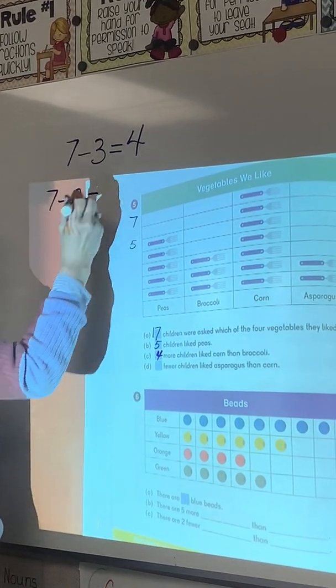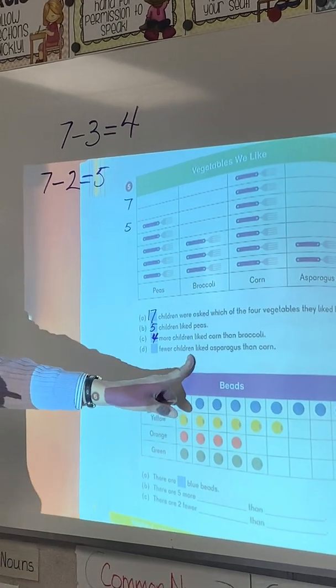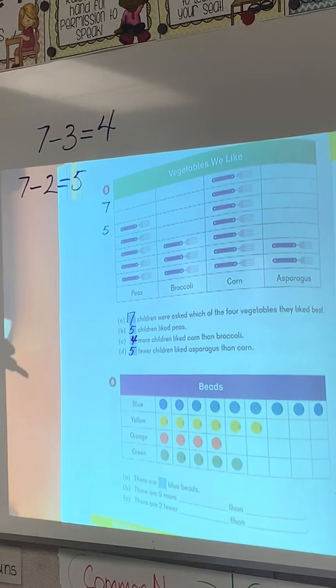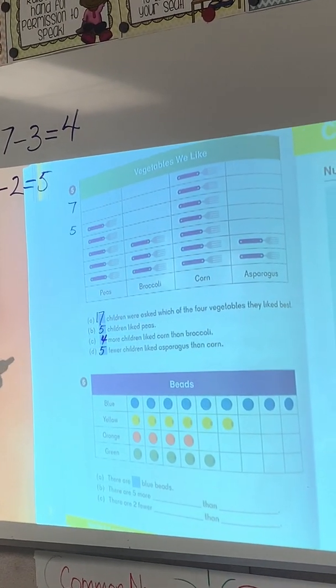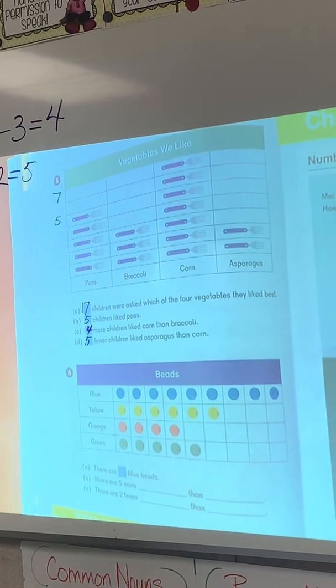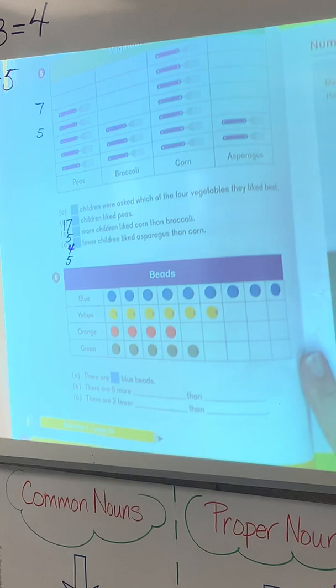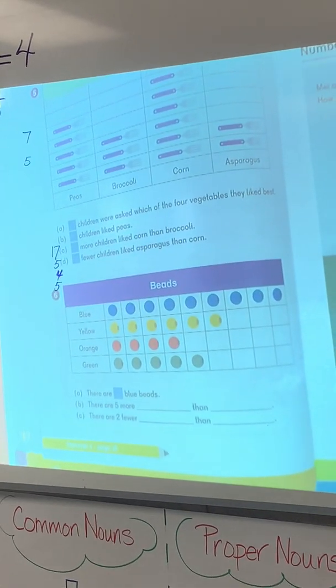We know right away that equals 5. 5 fewer children liked asparagus than corn. Most children don't like asparagus, I'm pretty sure. All right, let's look at the last graph we have here, and then we'll go on to our workbook page for more practice on graphs.